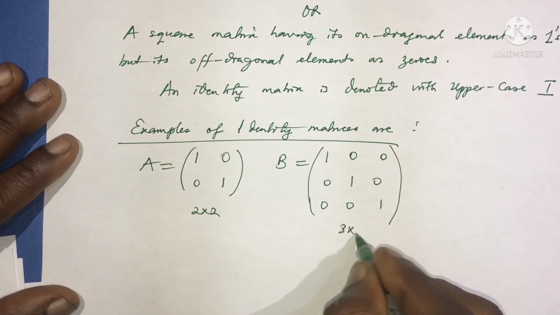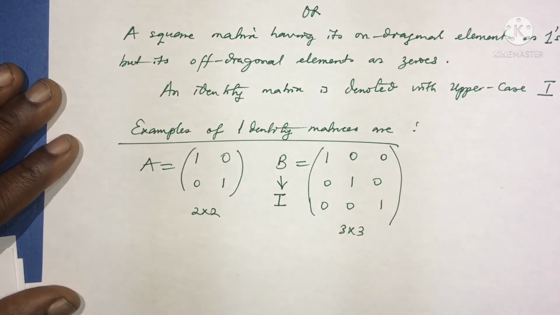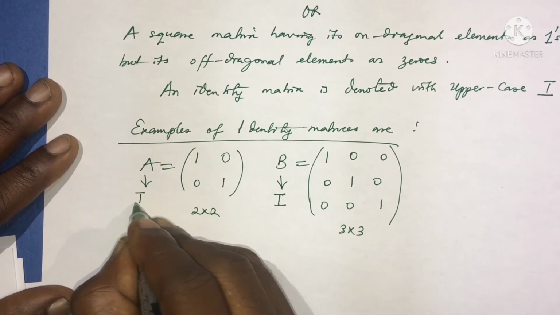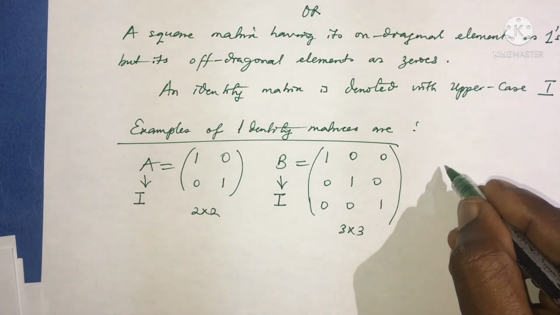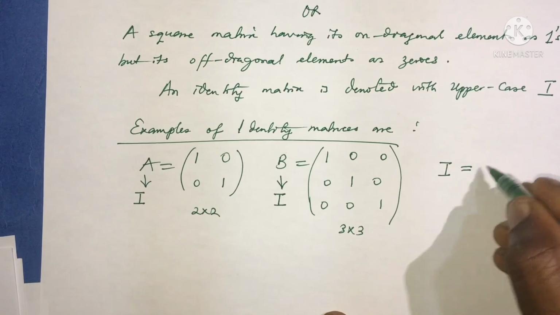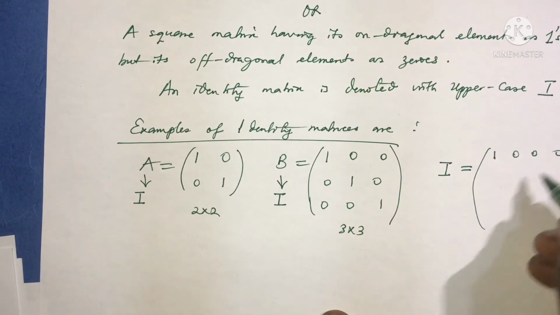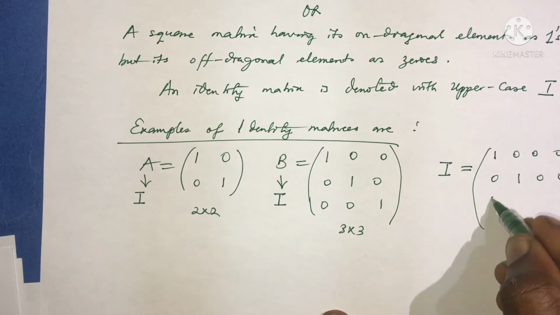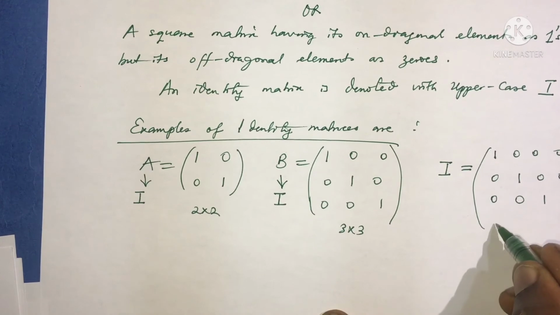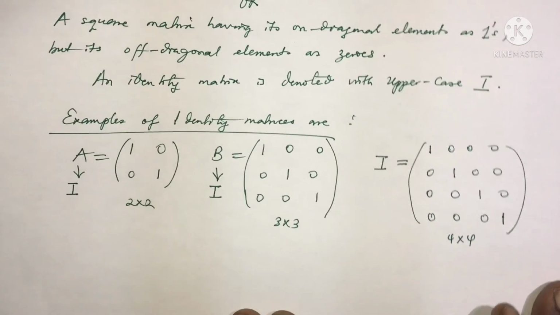This is a 3 by 3 identity matrix. Now note, you could just simply use I to represent this. You could use I instead of A to represent that matrix. So I could write here this, and call it 1 0 0 0, 0 1 0 0, 0 0 1 0, 0 0 0 1. Okay, so this will be a 4 by 4 identity matrix.